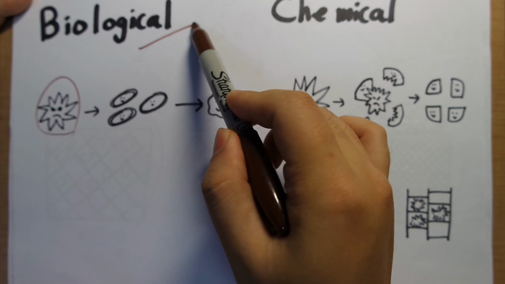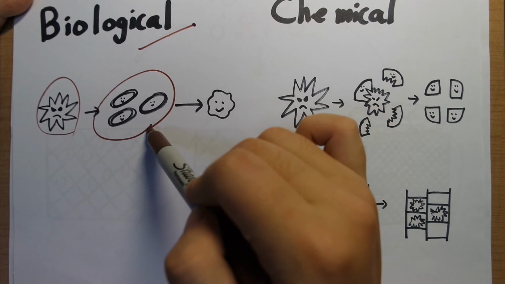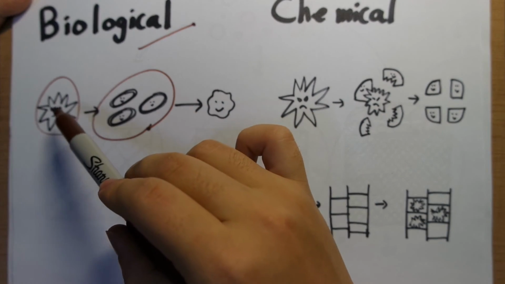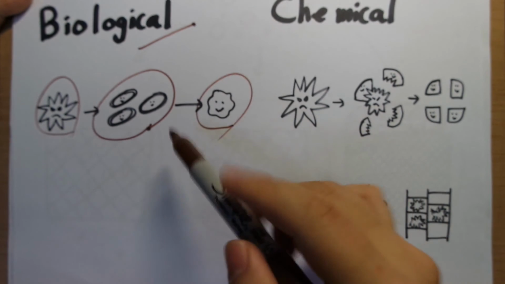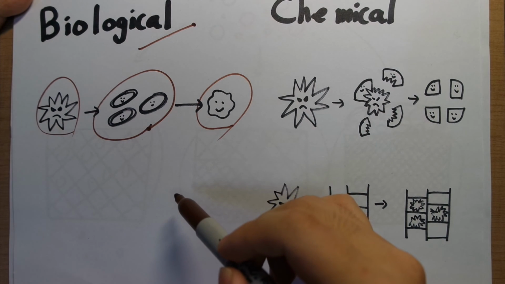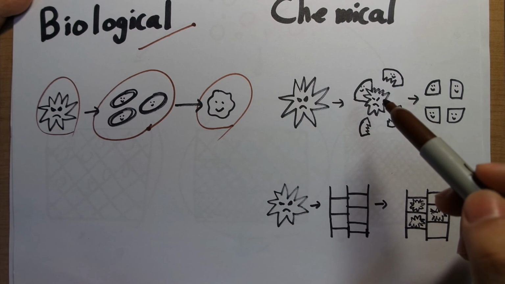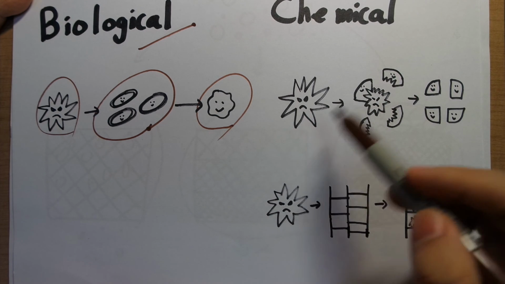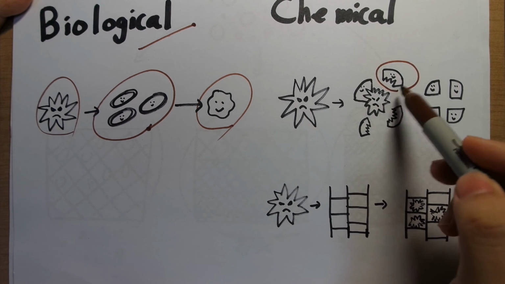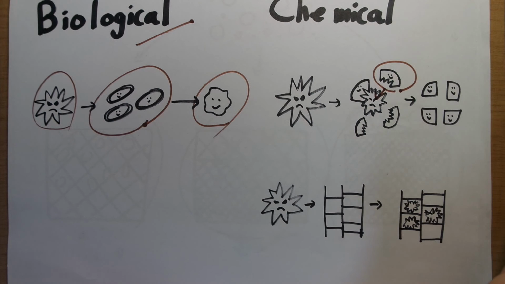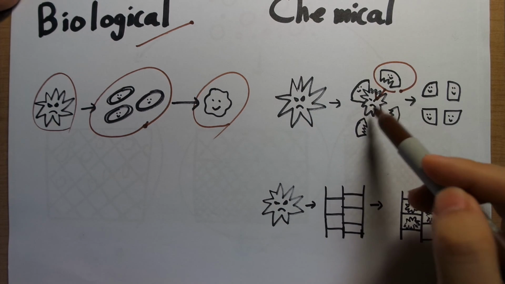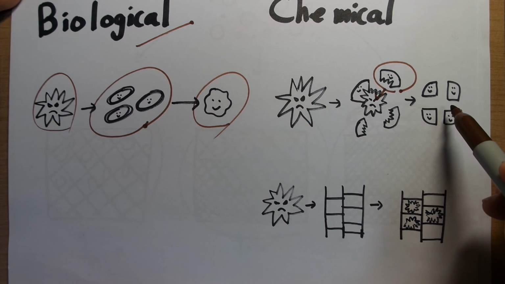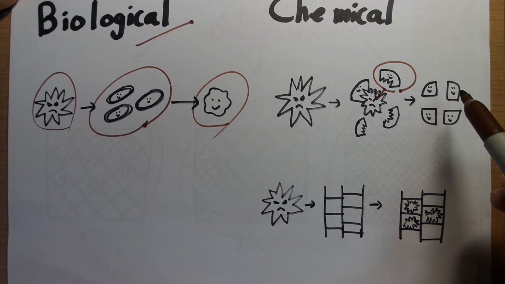Biological filtration utilizes beneficial bacteria, and the bacteria will convert the toxin into something that is harmless. That is what biological filtration does. Chemical filtration, on the other hand, you add these chemicals that, through a variety of mechanisms, break down the toxin into something that is harmless. That is what chemical filtration does.